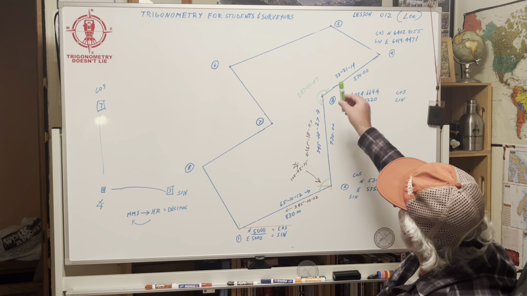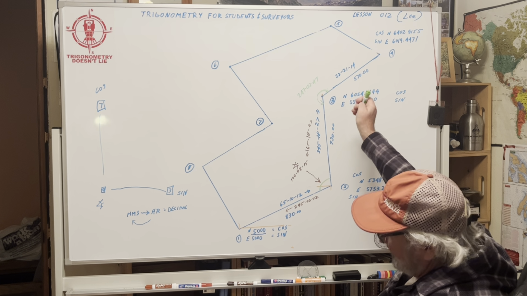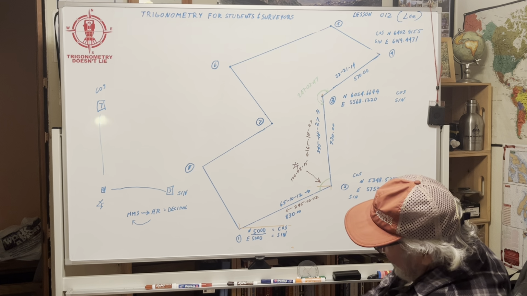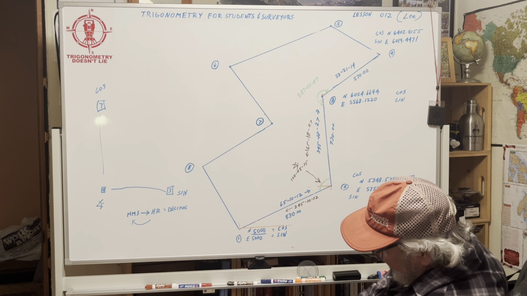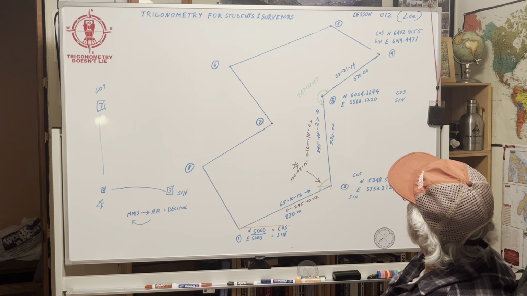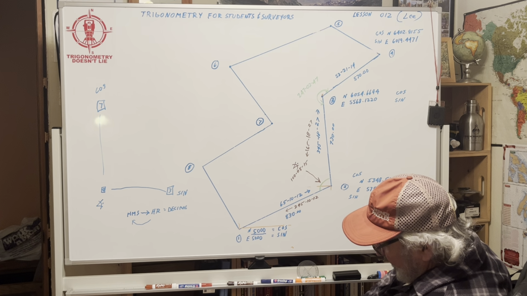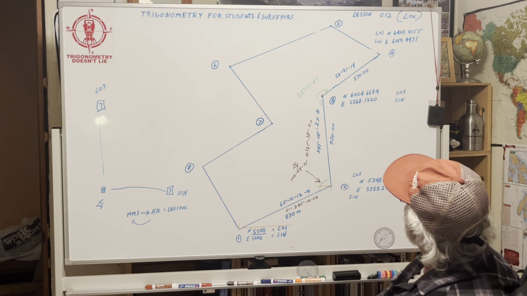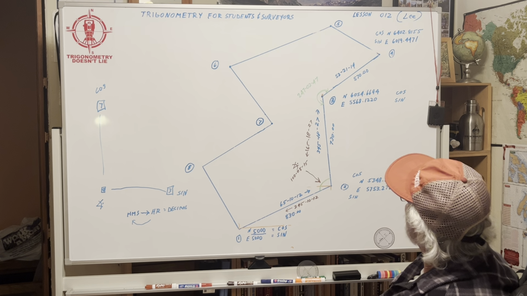But we know we can't go past 360, so we have to subtract 360 from that, because there is no 412. 360 is the highest number, so subtracting 360 gives us 52, 35, 39, and we'll convert that to 52, 21, 14.